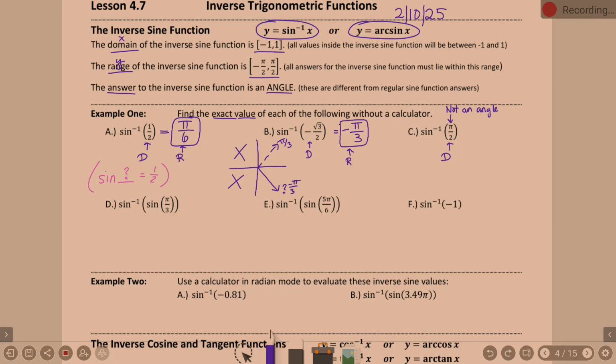And so the idea here, pi over 2, 1.57, I want to say 1.5, it doesn't matter. What do we know about that number? It's outside the -1 and 1. It is greater than 1. So here's the deal. This answer does not exist.